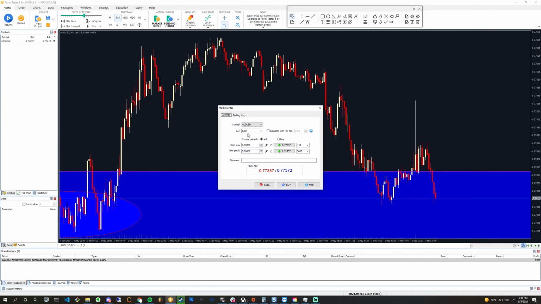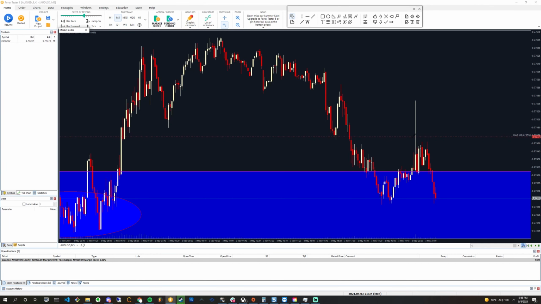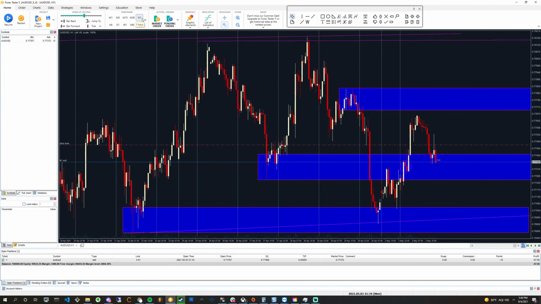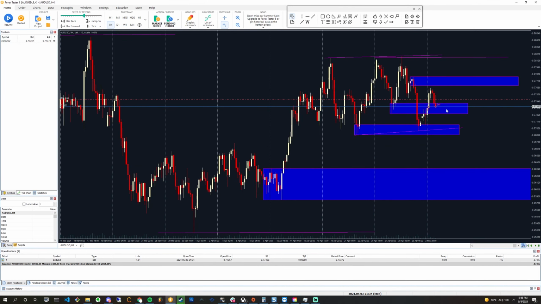We're gonna sell. We're gonna risk 0.5%, as we normally do, and just 10 pips stop loss. AUDUSD is kind of large, but let's just get it. And then we're just gonna go for it.